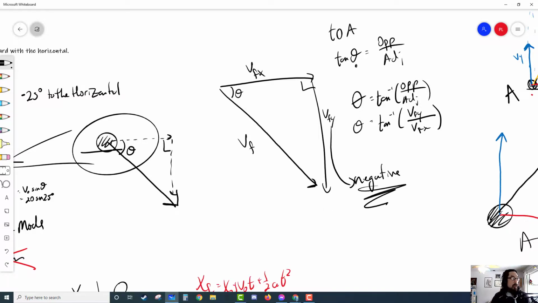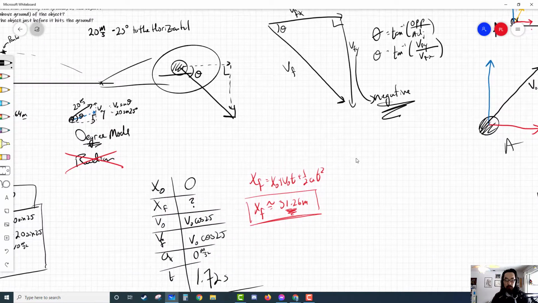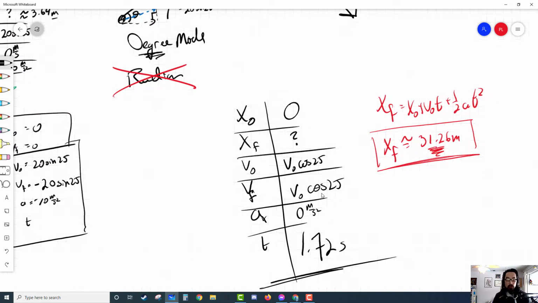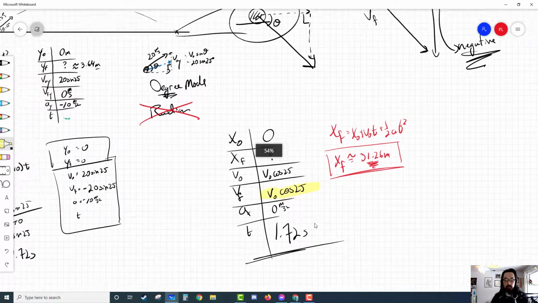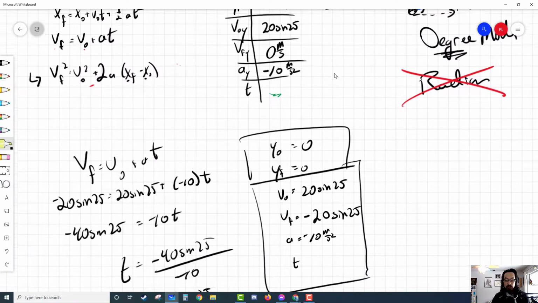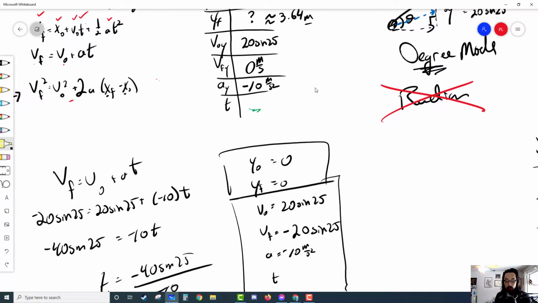If you were to properly do that, I believe we found both vfx and vfy before. We said that vfx was v0 cosine of 25. That was our vx. And we said our vfy, because it lands with the same speed, will be negative 20 sine of 25.